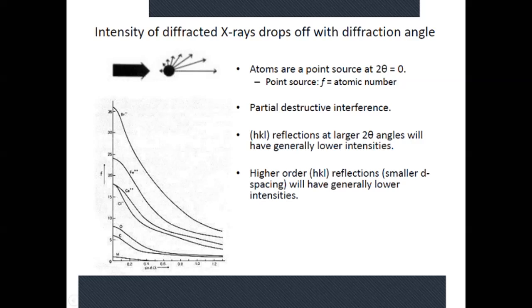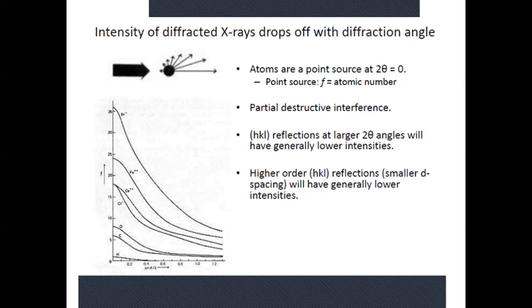So if you look at your HKL indices and their intensities, the higher order reflections would have lower intensities than the corresponding lower order reflections. For example, the 400 reflection would have a lower intensity than the 100 reflection.